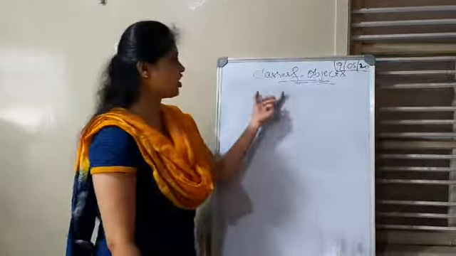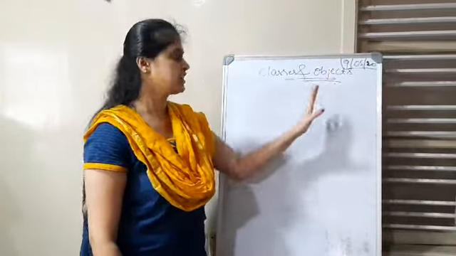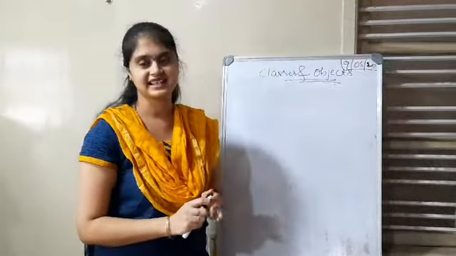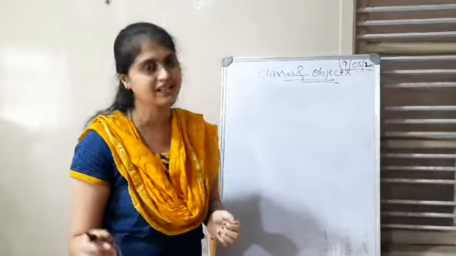Now we get into classes and objects in detail. As a definition, you know what an object is. An object is nothing but a real world entity, and a class is a collection of objects having similar characteristics.